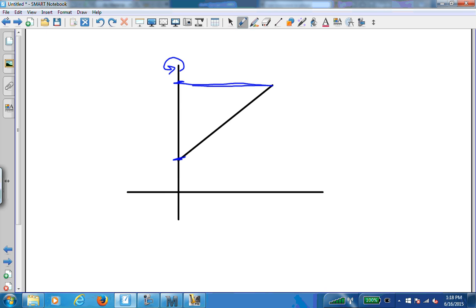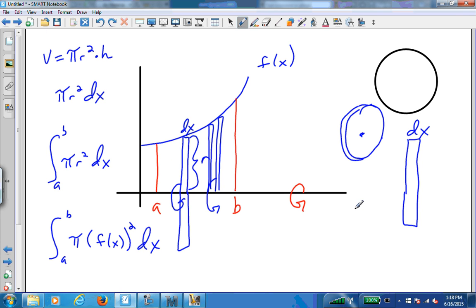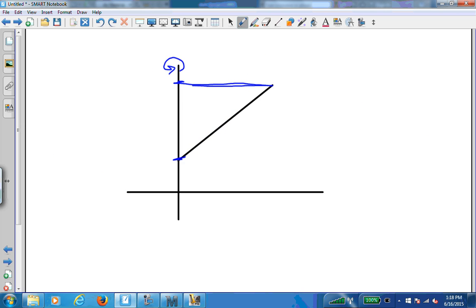As with rotating around the x-axis, notice our sample element is perpendicular to the axis of rotation. Our axis of rotation was horizontal, our sample element was vertical. So here, if our axis of rotation is vertical, our sample element will be horizontal, which means it's going to have a thickness dy.